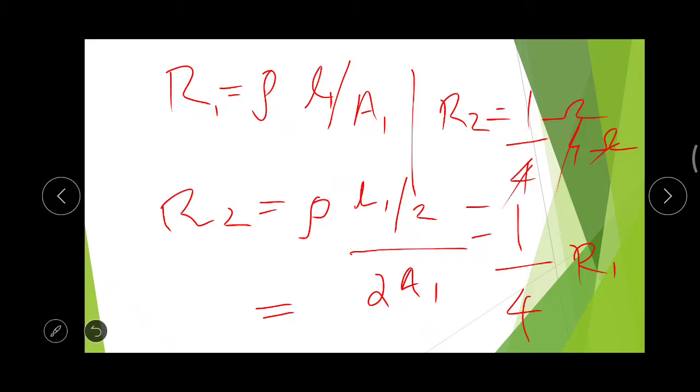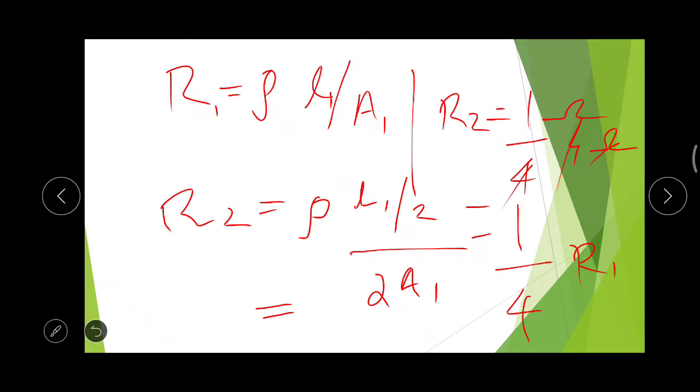By substituting the values and doing the calculation, you will get R2 is equal to rho into L1 divided by 4A1, that is 1 by 4 times R1. So R2 is equal to 1 by 4 times R1. The value of R1 is already given in the question as 4 ohm.